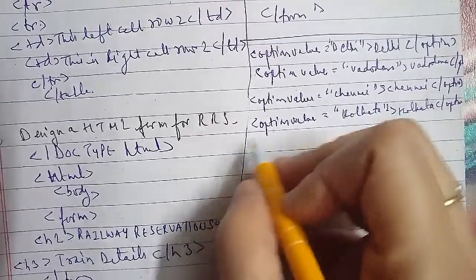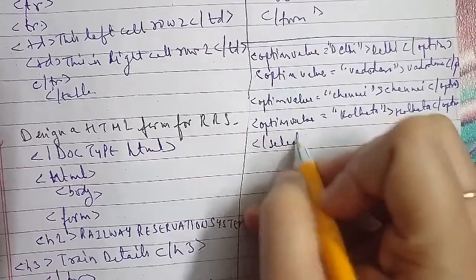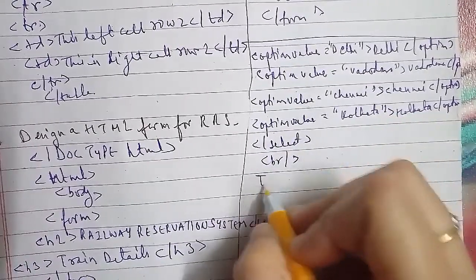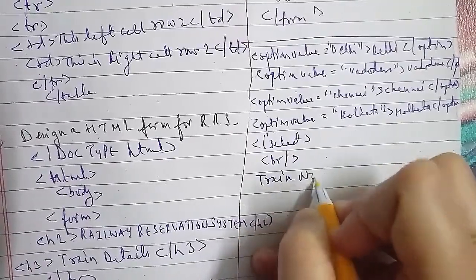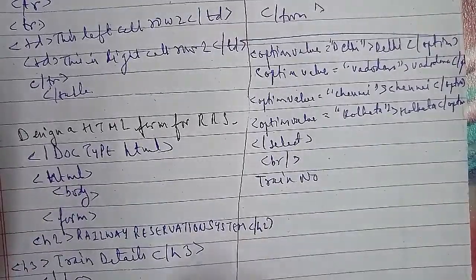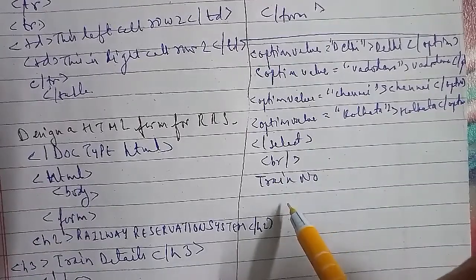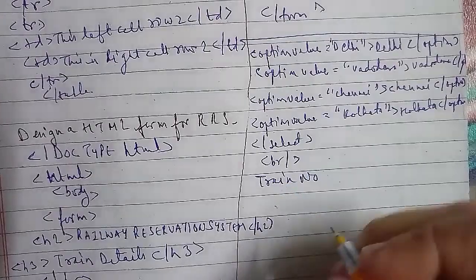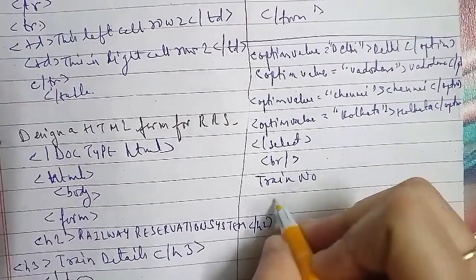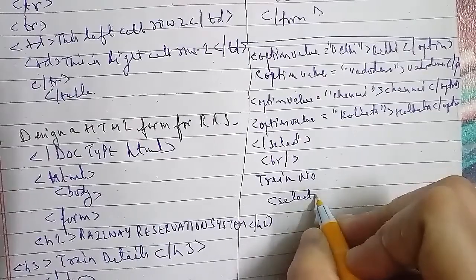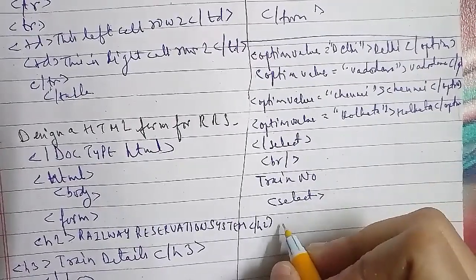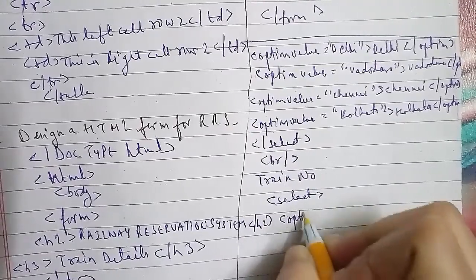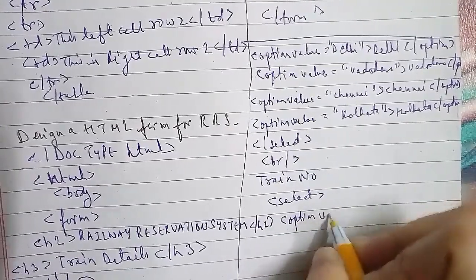Option value equals to 2, option tag close, then option value equals to 33333, then option tag close.